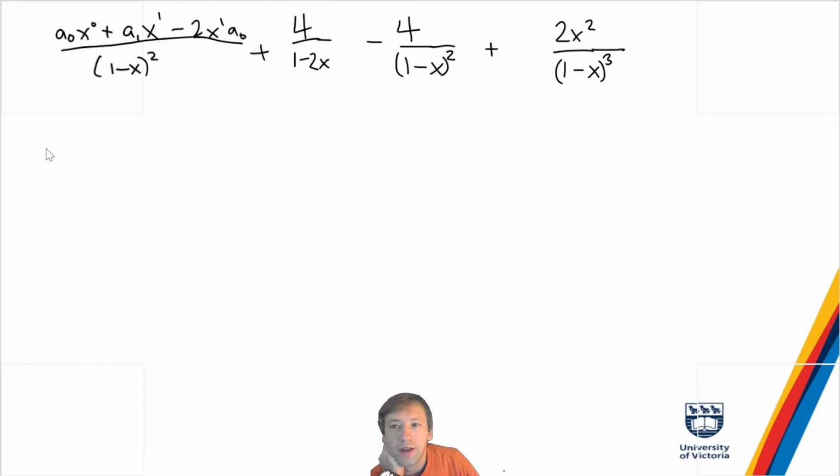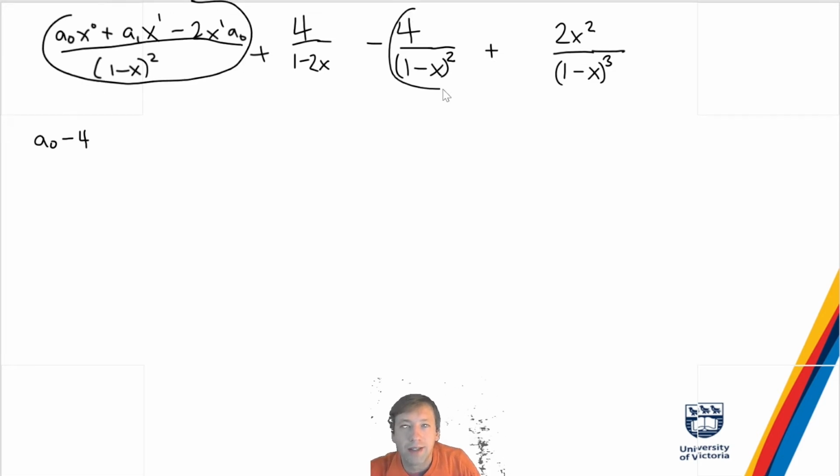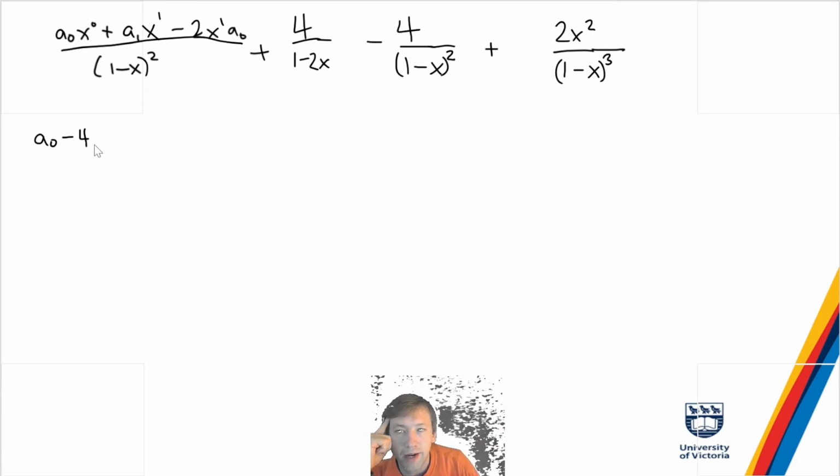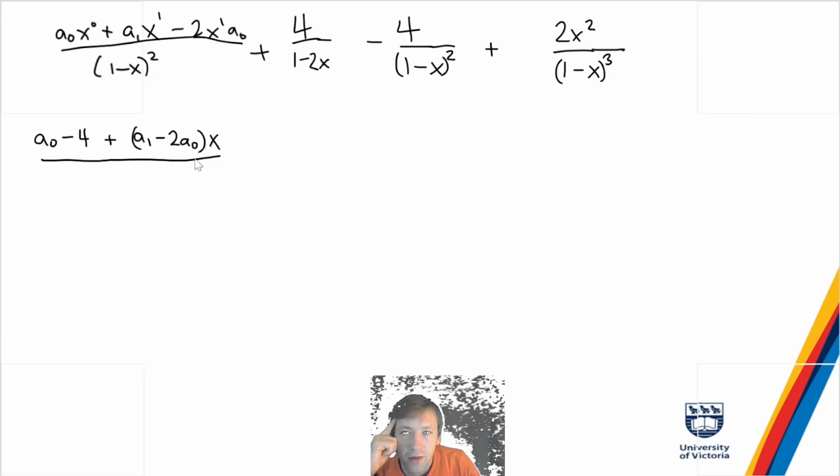So I'm going to deal with this stuff which is over 1 minus x squared first. Not really for any good reason, but I'm taking this stuff and combining it with this thing. So what I can write is a0 minus 4 plus a1 minus 2a0 times x over 1 minus x squared.